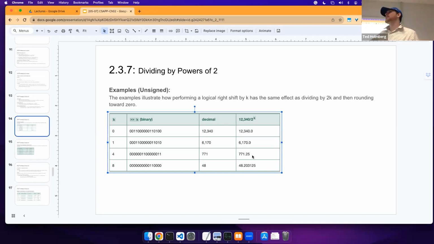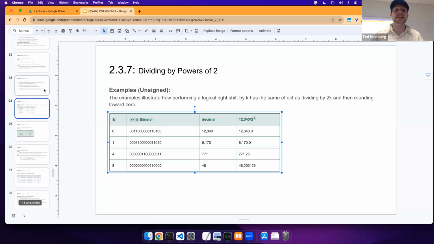Oh, I'm sorry. Yeah, this is unsigned values. So this is all correct. This is working as expected. If I do 8 shifts, the value is 48.2, I truncate into an integer number, I get 48. So I get the unsigned integer division the way I expected to, simply by exploiting these right shifts.